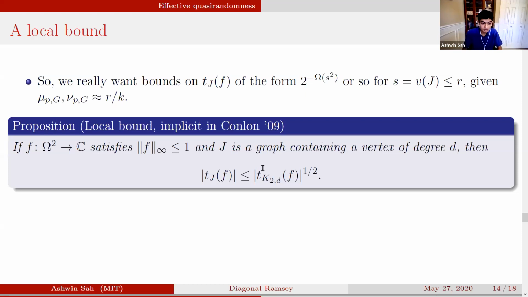And so what Conlon does, he looks at a certain local part of this J. He exploits its local structure. It's basically a van der Corput argument. He duplicates a vertex and then he gets a clique of size k out of it while disregarding the remaining term, although that's more of a technical thing.